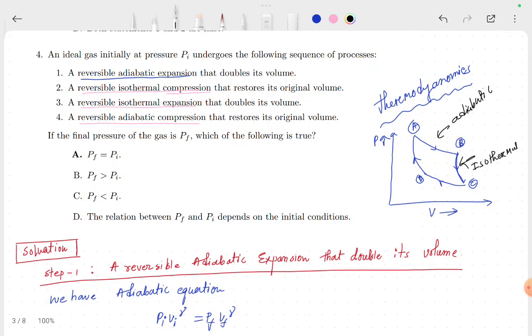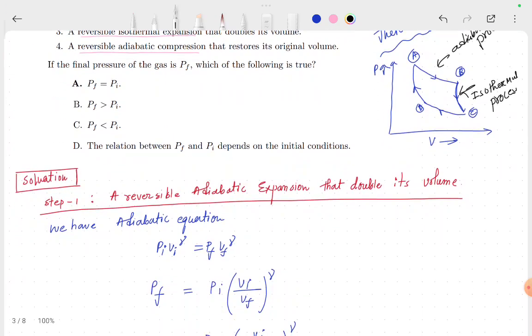So first is adiabatic expansion, then isothermal compression, then again adiabatic compression, and then isothermal expansion.